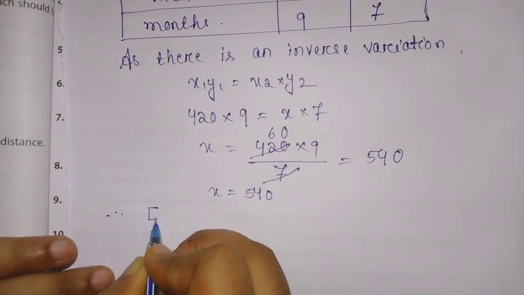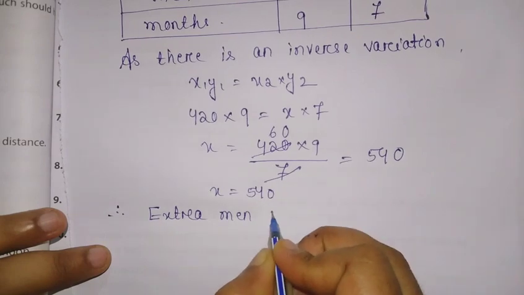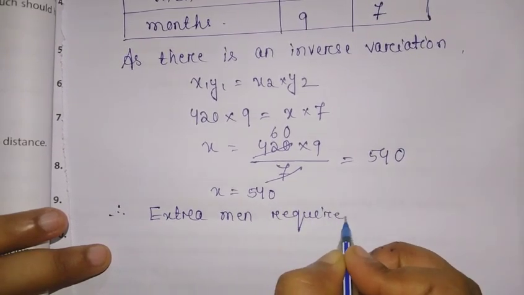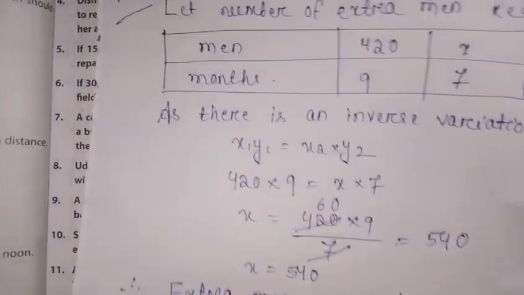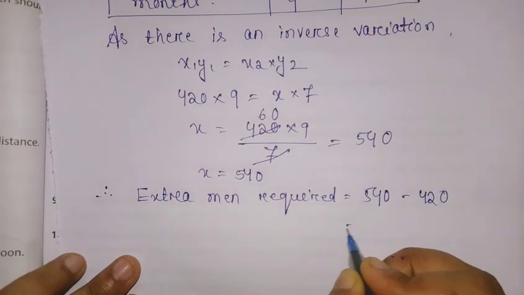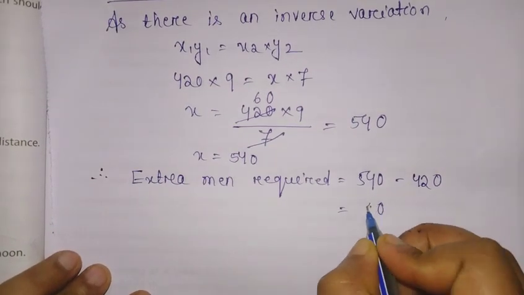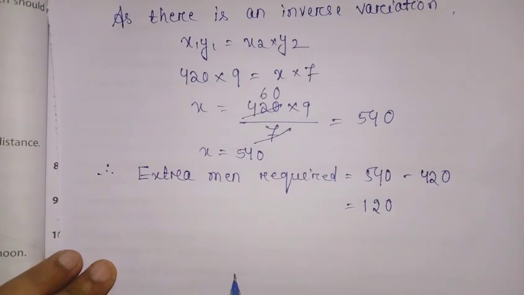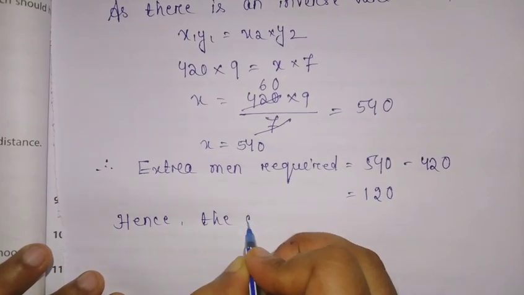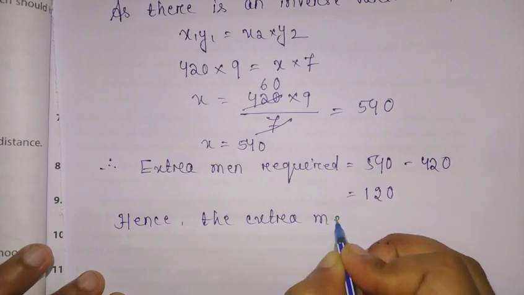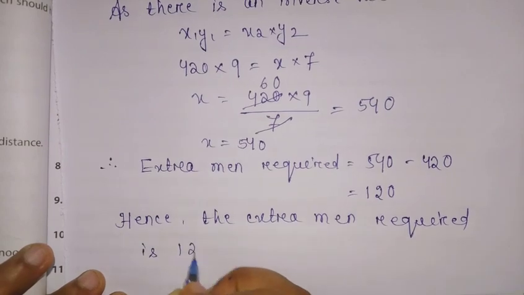Hence, extra men required equals 540 minus 420. 0, 4 minus 2 equals 2, then 5 minus 4 equals 1. 120. Hence, the extra men required is 120.